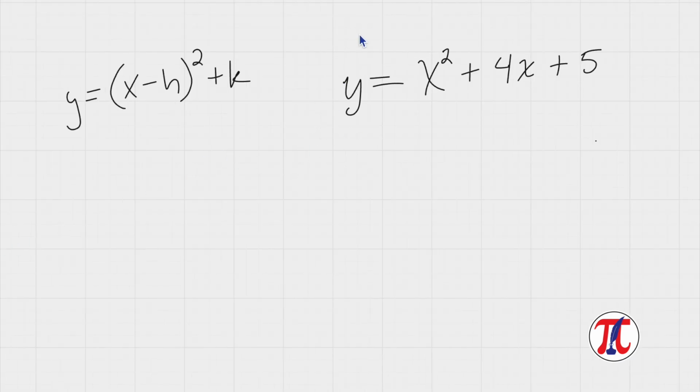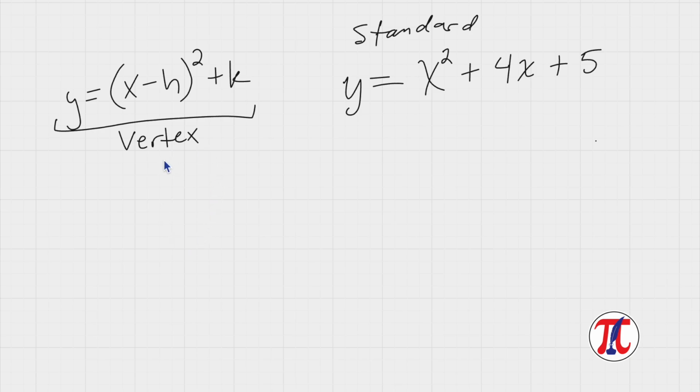Okay, I've got a standard form quadratic equation here, and you might recognize this is vertex form. If I'm wanting to change this quadratic equation into vertex form, I have to put it into this kind of format.